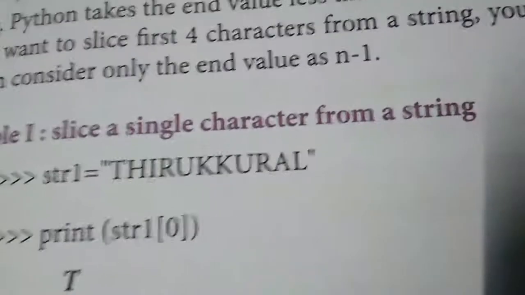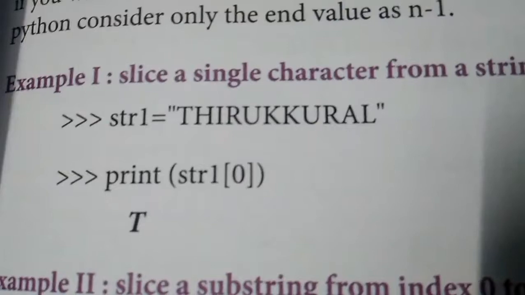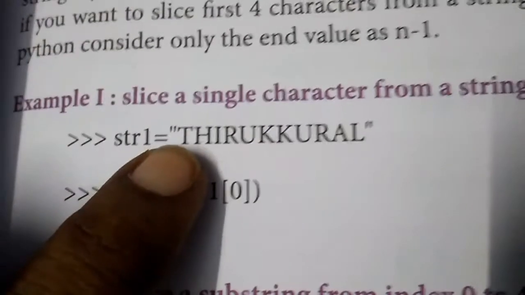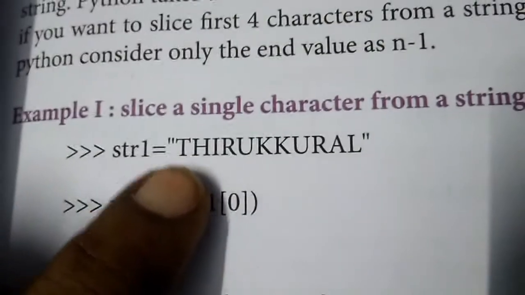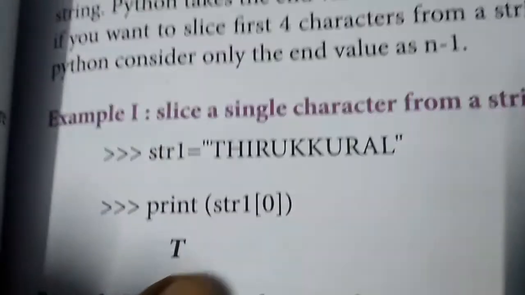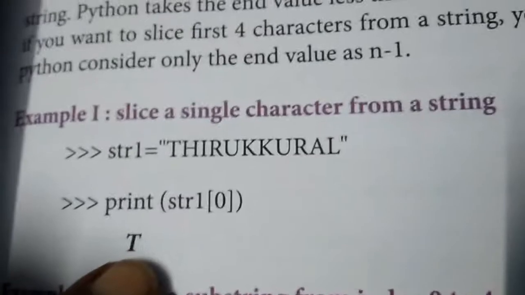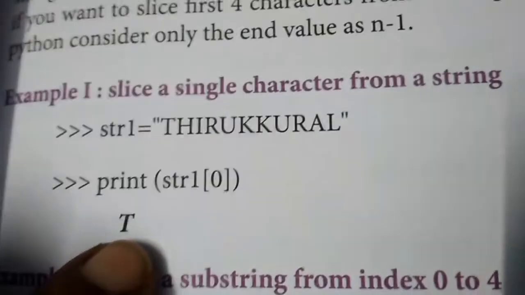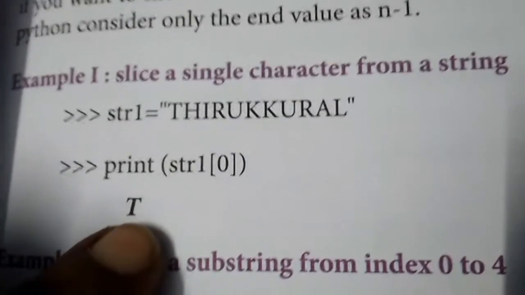In this first example, I am going to slice the first character, that means T. This is the index value of 0. So just giving an index value means the T will be displayed. If I need a single character, I need to use an index value.